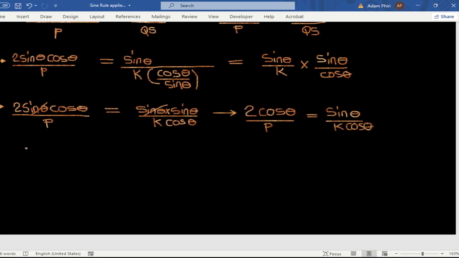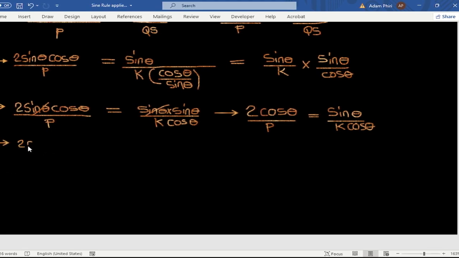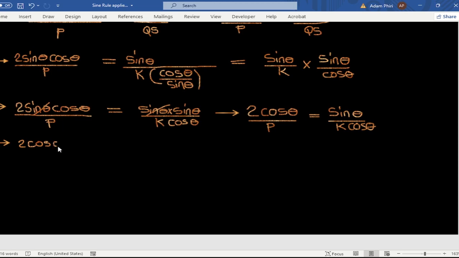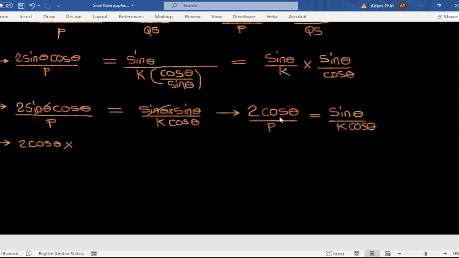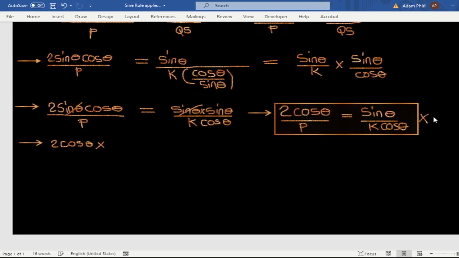With those two expressions on each side, we multiply both sides by cos theta.